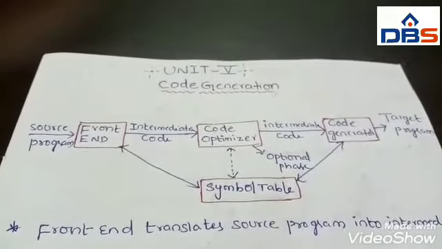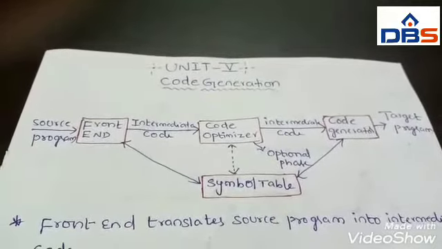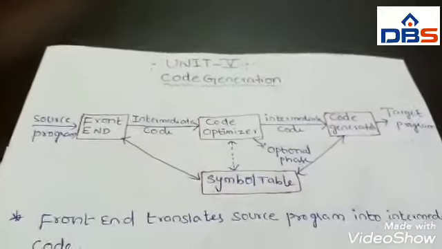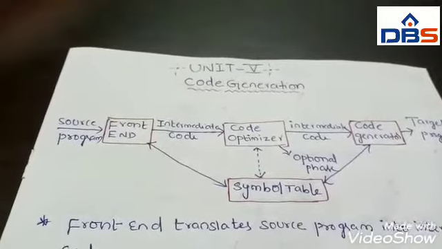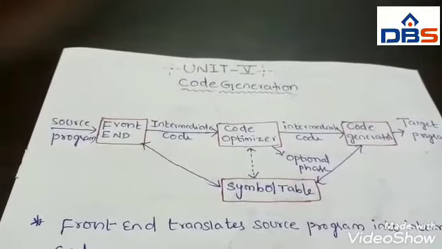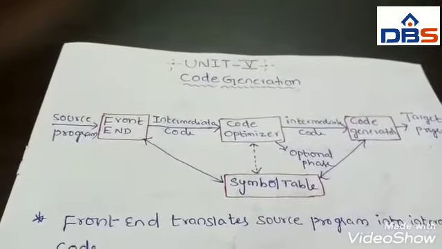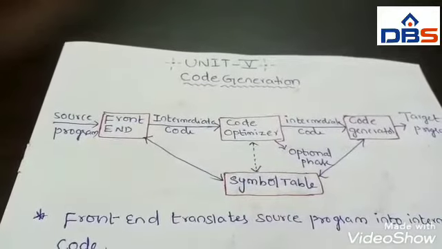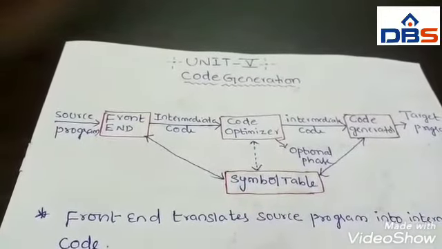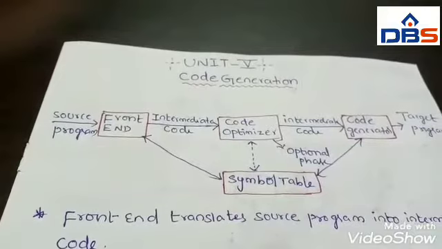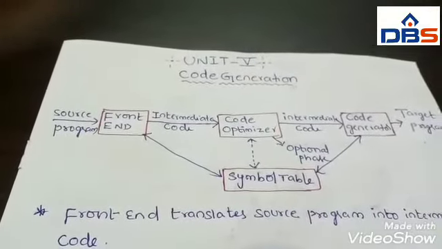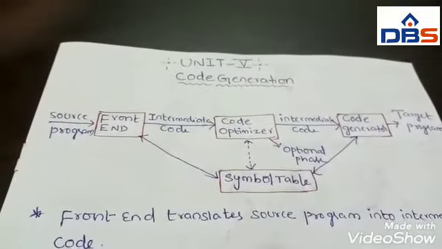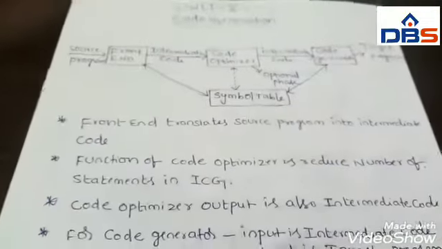Of course, the code optimizer is an optional phase. Here, the code generator is the final phase of a compiler. First, the front end translates the source program into intermediate code, then the code optimizer phase, which is optional. A major function of the code optimizer is optimizing the intermediate code.